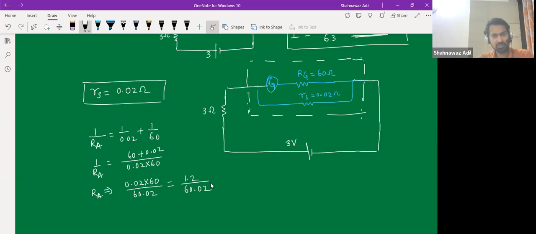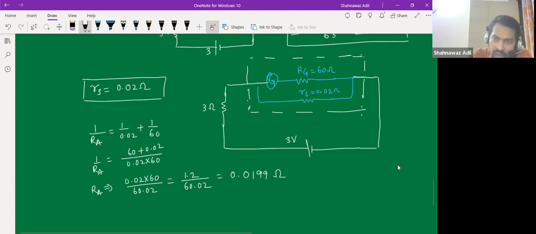So how much is this? 1.2 divided by 60.02 is 0.0199. Right. So this is the resistance that I have.